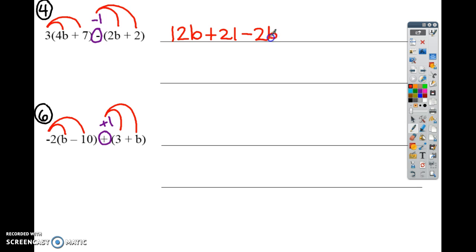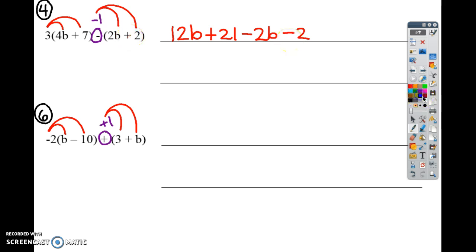Negative 2b. That's why I put minus. If the answer is a negative, you put minus. What's negative 1 times 2? Negative 2. So when you distribute a negative 1, what happened to the symbols inside? They changed, okay? The 2b became a negative 2b, and the plus 2 became a minus 2.